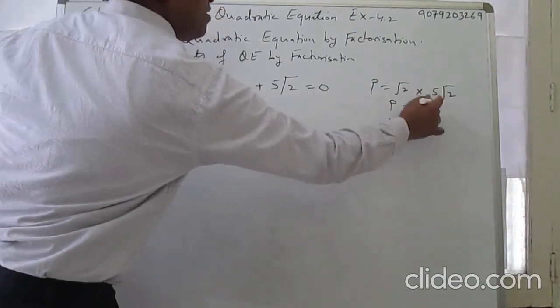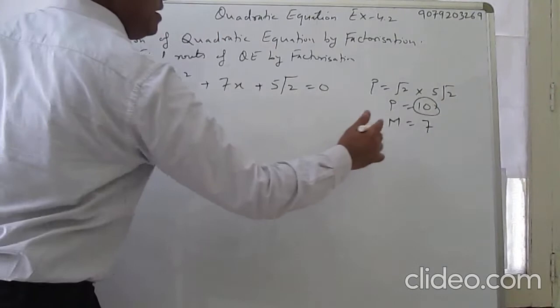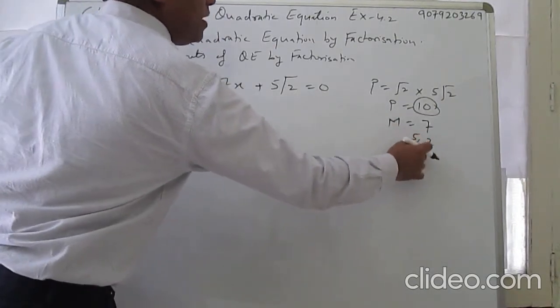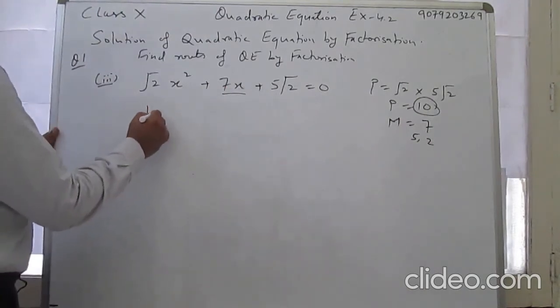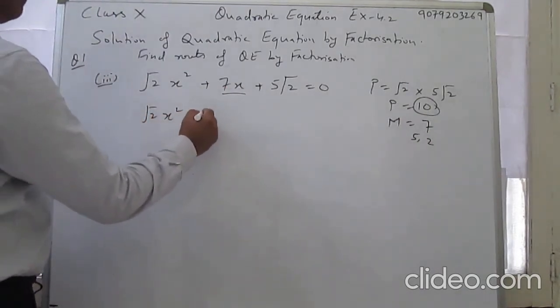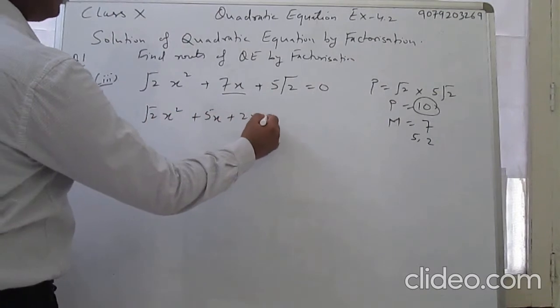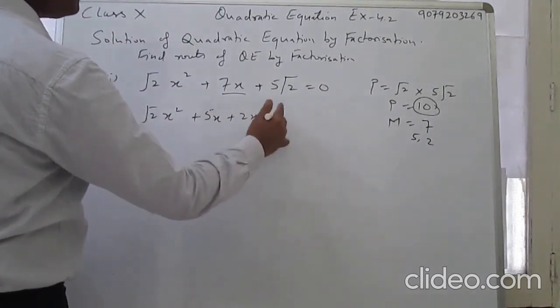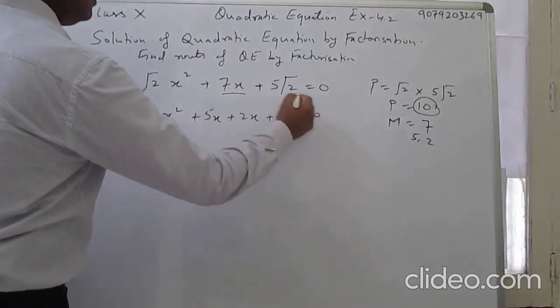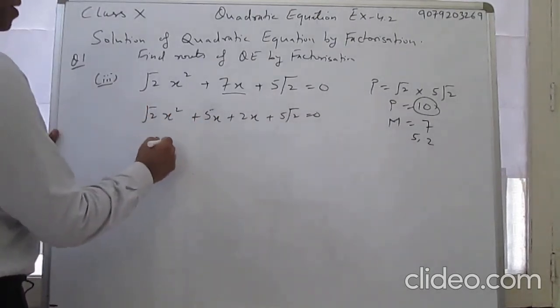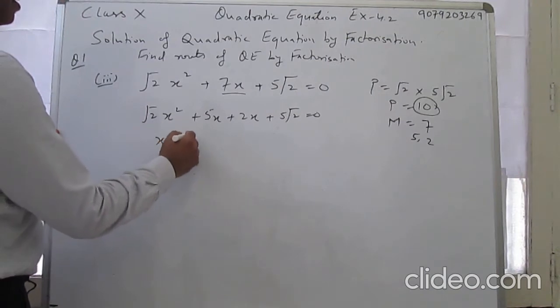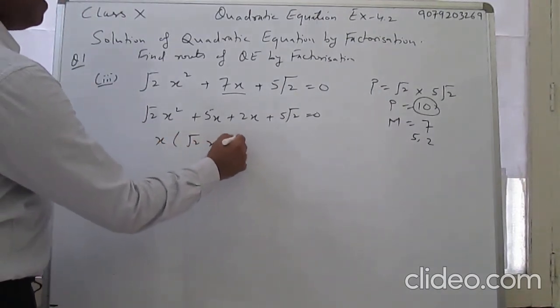So what are the factors of 10 that give 7? They are 5 and 2, and multiplied you get 10. So instead of 7x you can write root 2 x square plus 5x plus 2x plus 5 root 2. Now take x common, so it is x into root 2x plus 5.